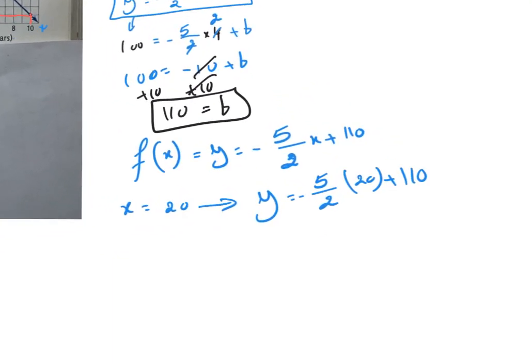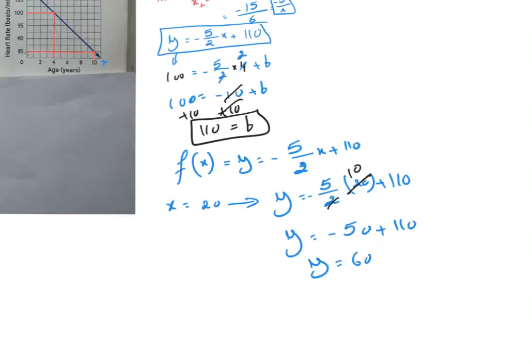We're just going to simplify here. 2 goes into 20 ten times, so y equals negative 5 times 10, which is negative 50, plus 110, and y will be 60.